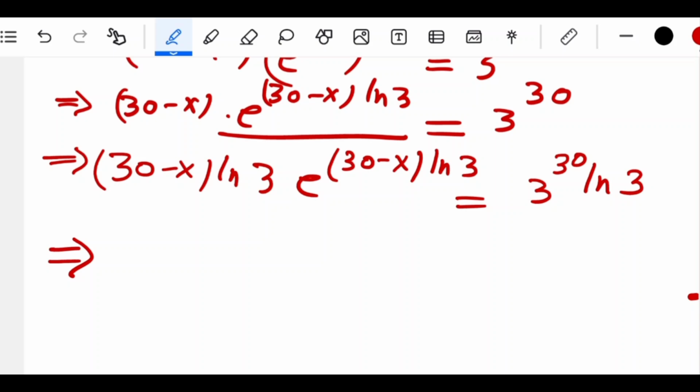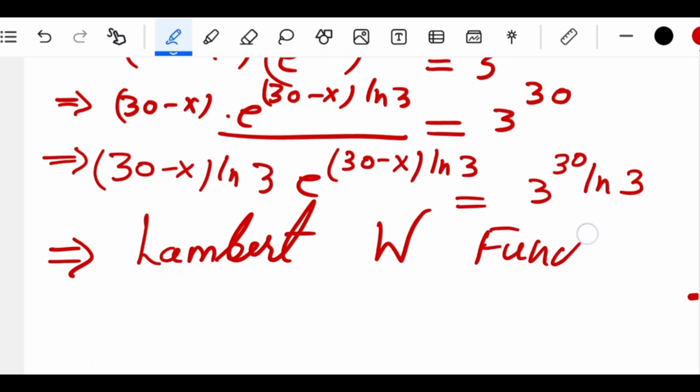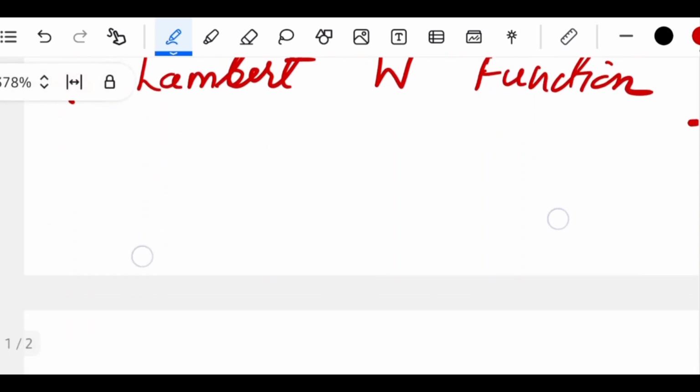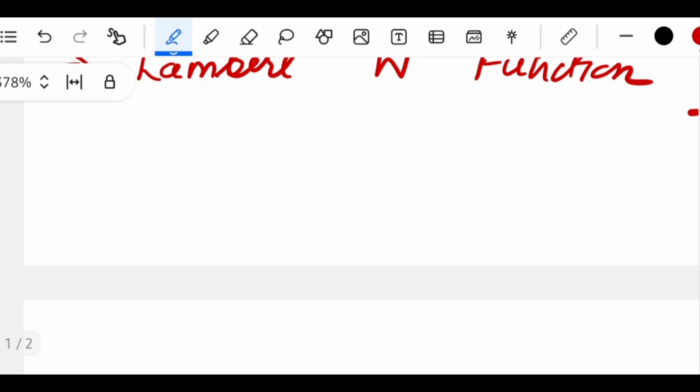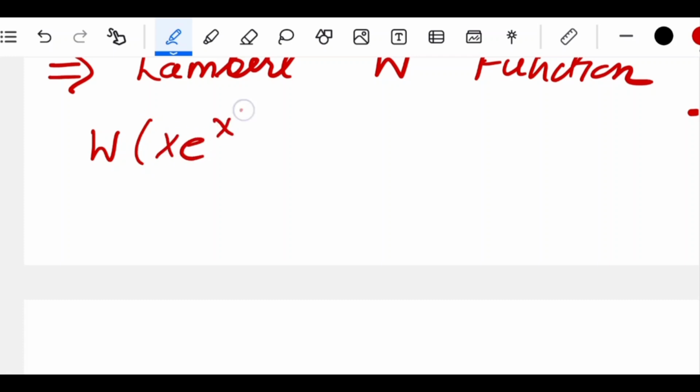Next step, after this, what we have? We now try to use the Lambert W function. So what is the Lambert W function? We know W, the Lambert W function, if given x e raised to x, gives the value x.